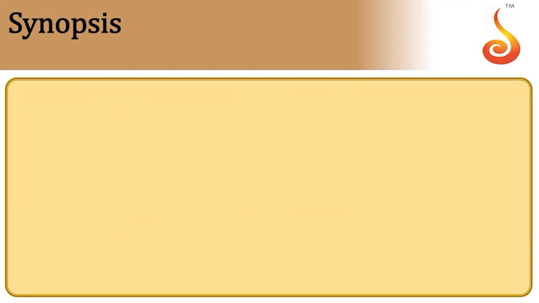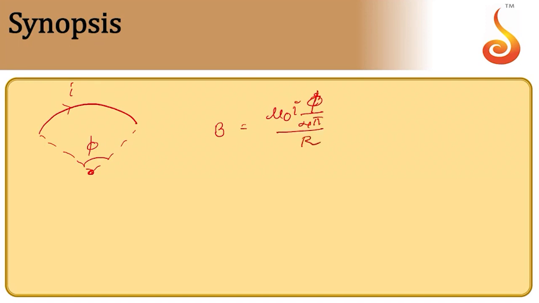Suppose I consider a part of the coil. Let's assume that the arc of the coil subtends an angle phi at the center. Then the magnetic field due to this is given by mu naught I into phi divided by 4 pi, whole divided by r.